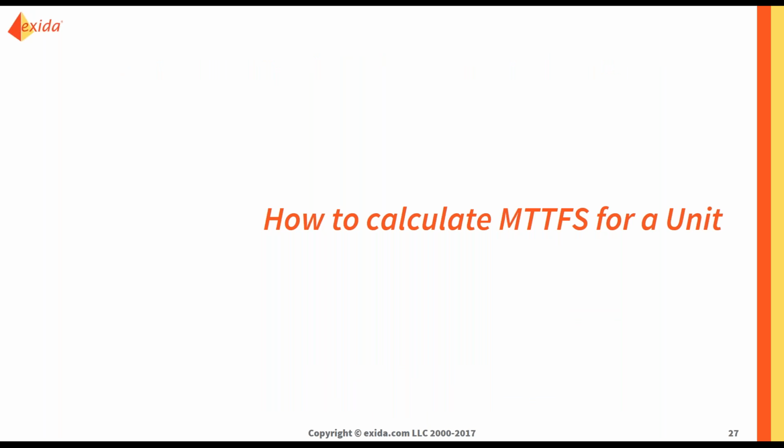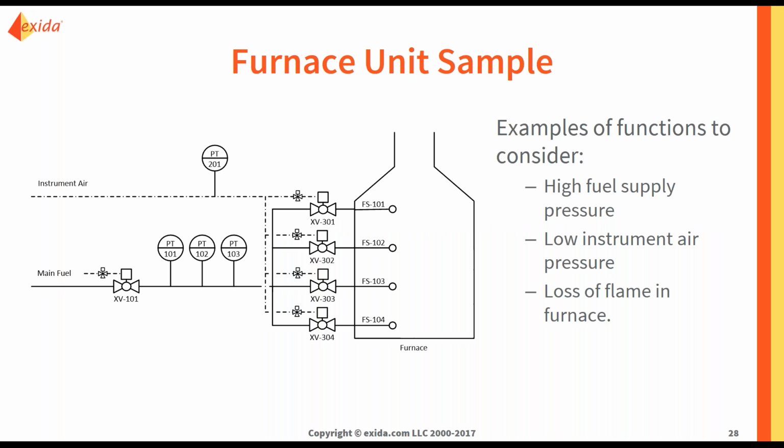So that is calculating it for a SIF. But what if we want to calculate it for a unit? The unit's a little bit more complicated. So I'm going to attempt to do this by hand, but you're going to see that I'm not entirely successful. First, let's look at the example. This is a furnace unit. Again, we have a main fuel line into the furnace.